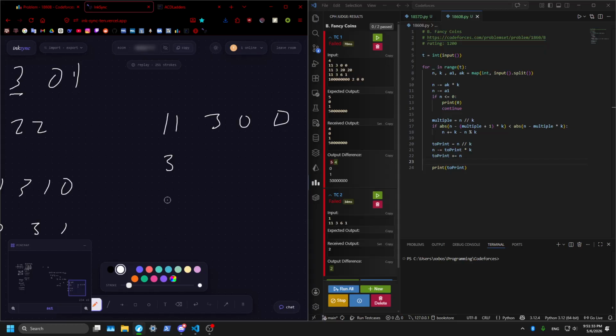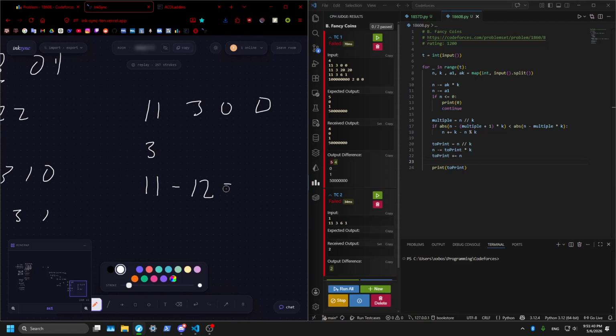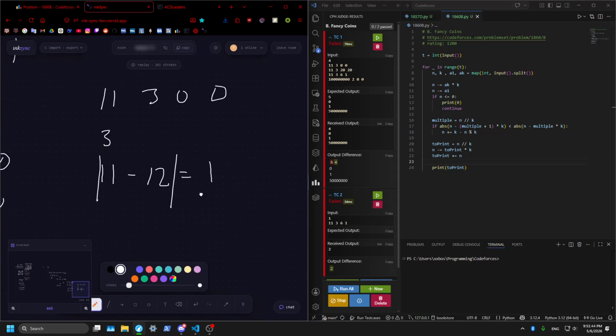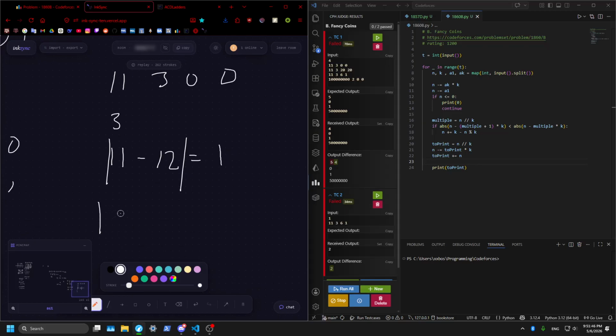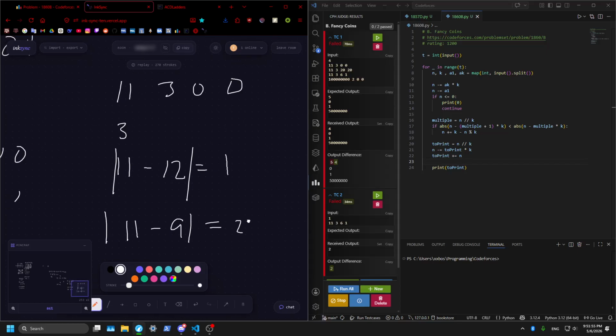Then if 11 minus 12 is equal to 1, and then we have 11 minus 9 equal to 2. I guess we have nothing to add back, huh?